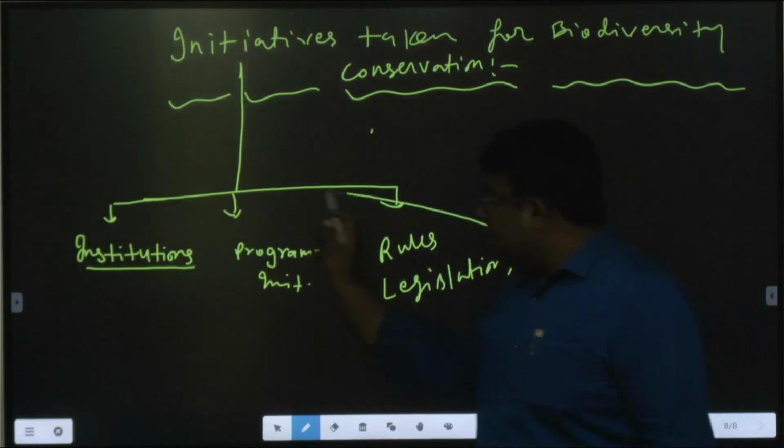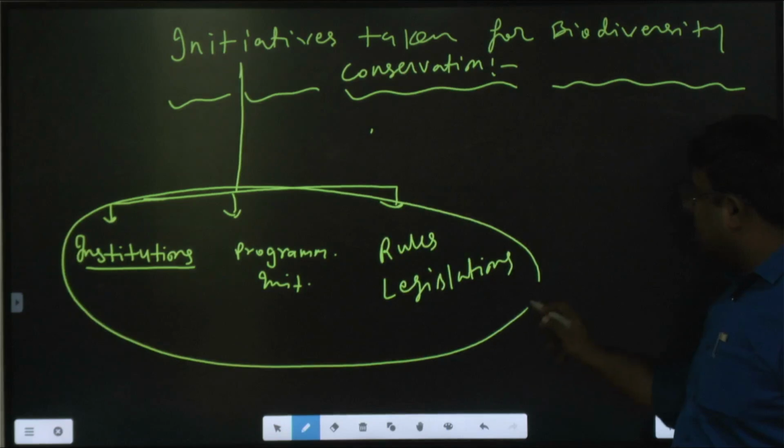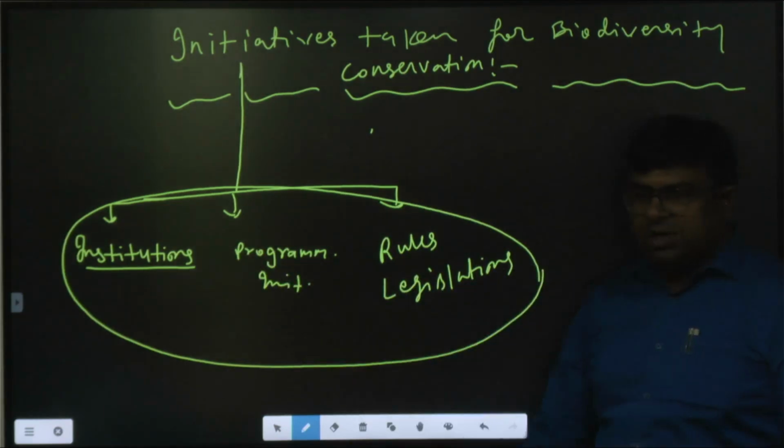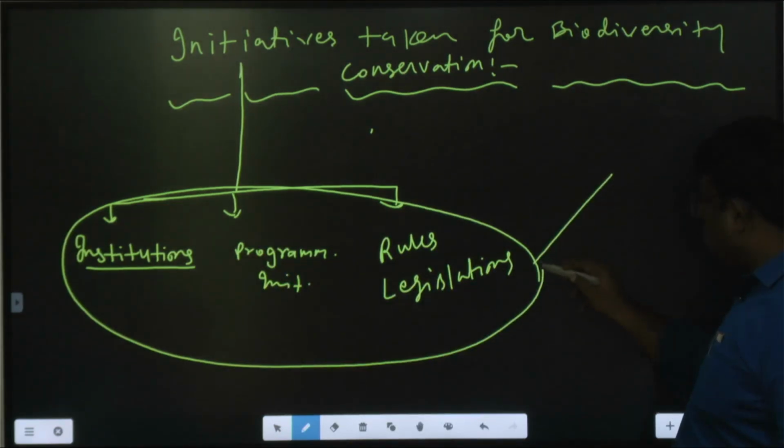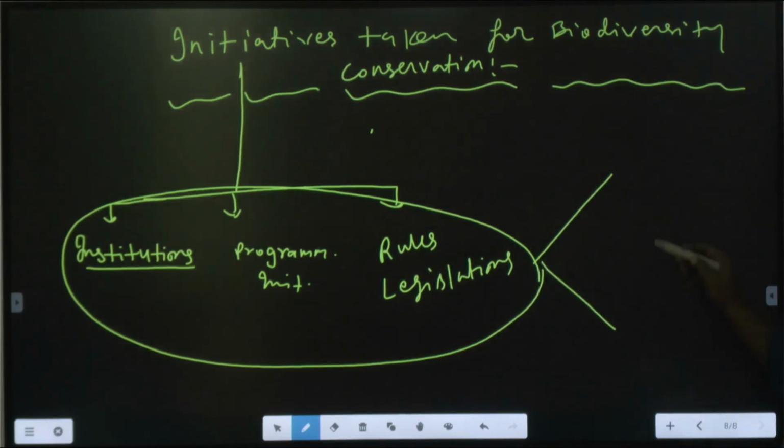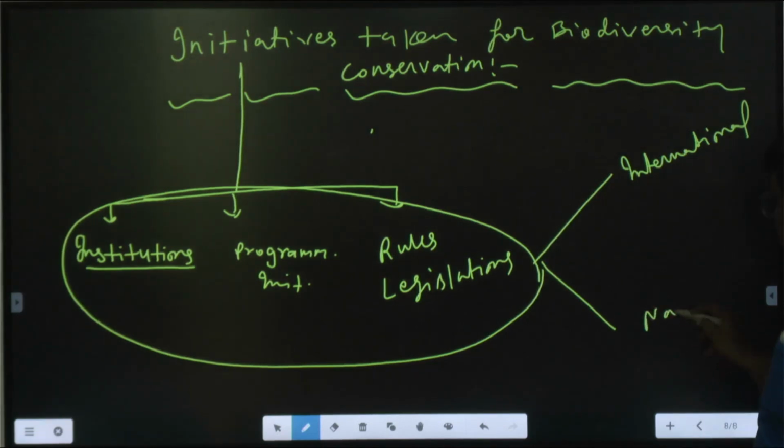And we will conduct discussion about these three different contents in two different manners: international, in context of international level, as well as national level. What it means: international level institutions, their global program, and some international level rules or norms related to biodiversity conservation.